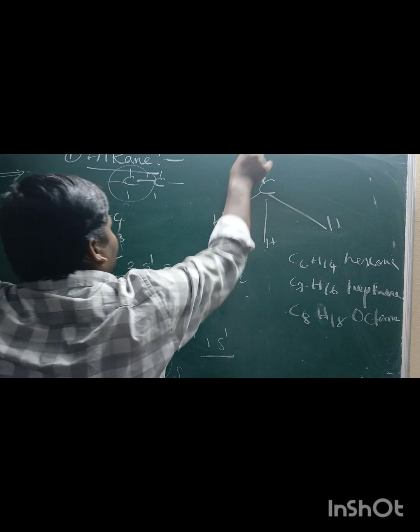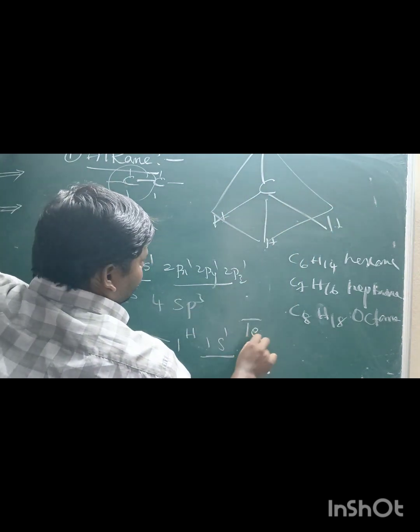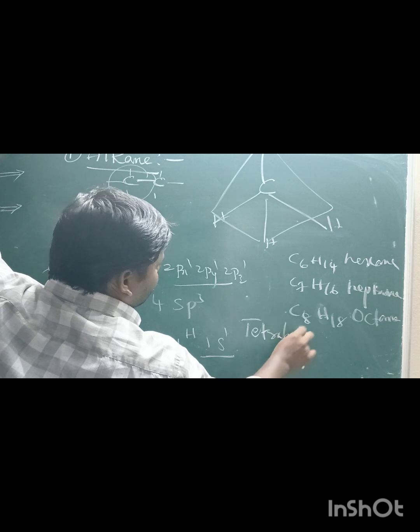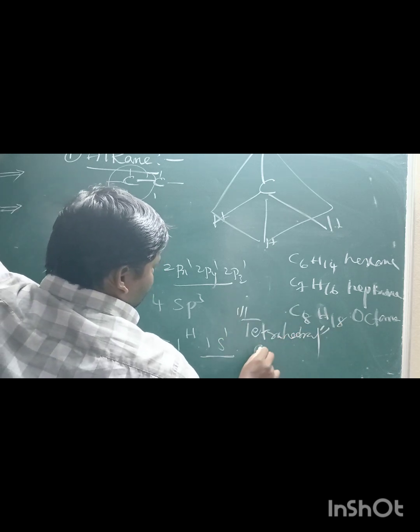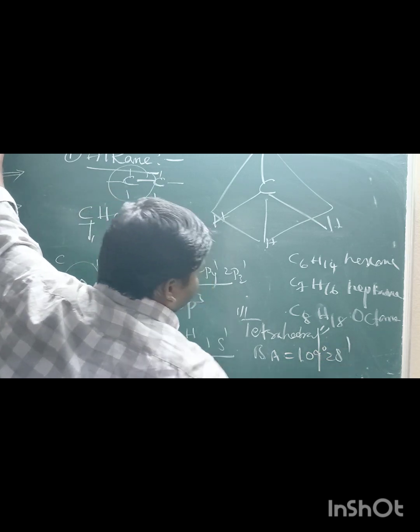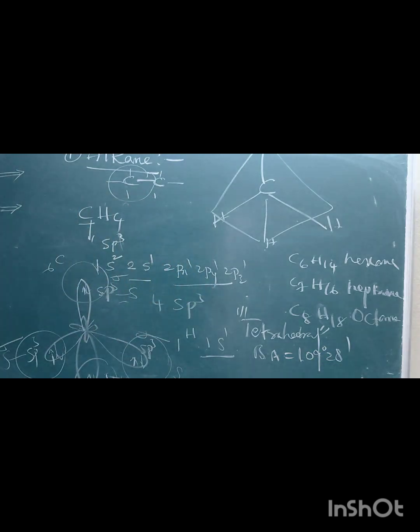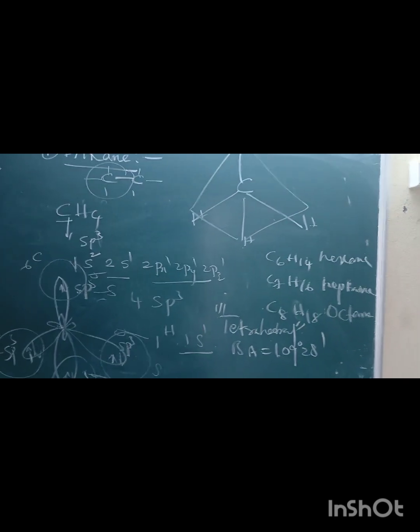Then the shape of the molecule is tetrahedral, and the bond angle of the molecule is 109 degrees 28 minutes. This is the information about the structure of alkane.